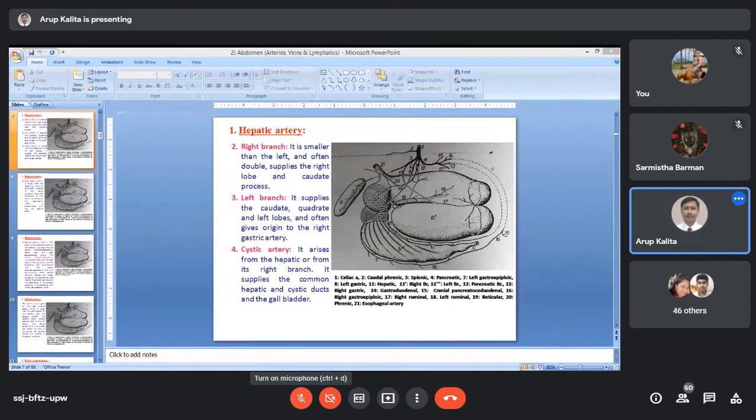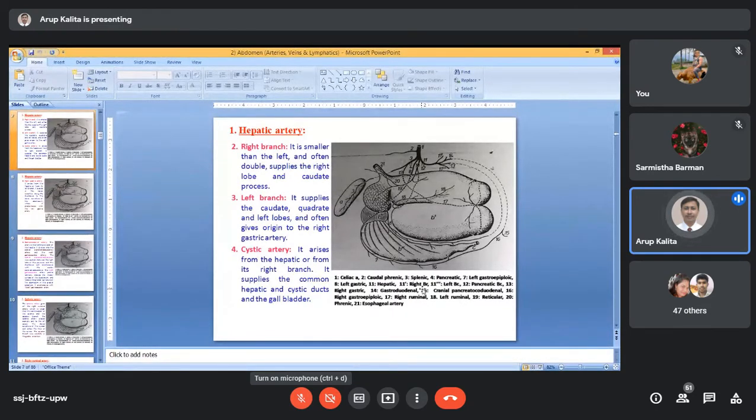Now I will go to this one. Now it is visible, my cursor is visible. So number 11 is the hepatic artery. It will give the pancreatic branch, number 12. Then it will give the right branch.